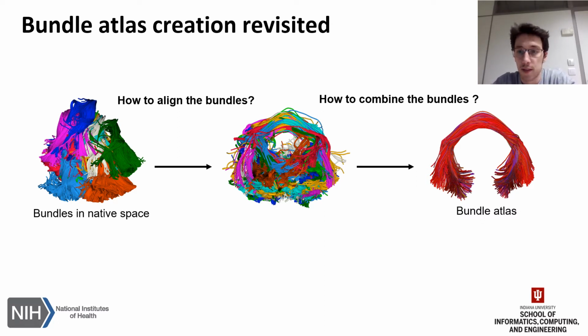And once we started thinking about it, two main questions arose immediately. The first one is, how are we going to align those bundles to the same space? So how are we going to go from the left image to the image in the middle? And even if we get there, how are we going to merge or combine those bundles into a single one that somehow captures the underlying anatomy of the population?